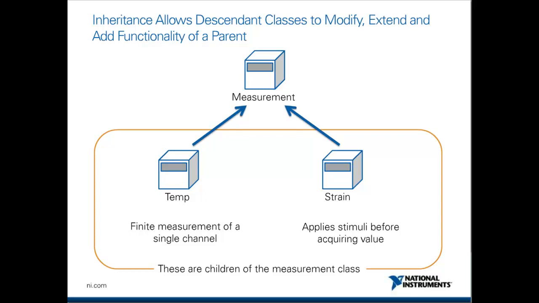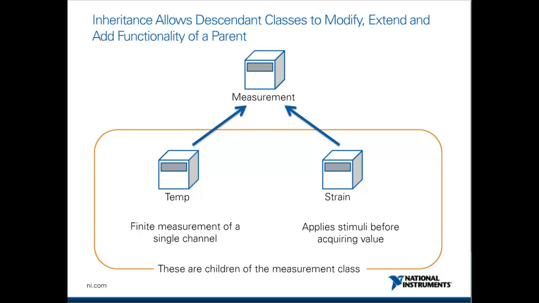So for example, we have a strain measurement or a diode characterization measurement. These are able to reuse methods and data belonging to the parent, but they're able to extend and customize and even add new functionality that is specific and unique to that particular measurement definition.